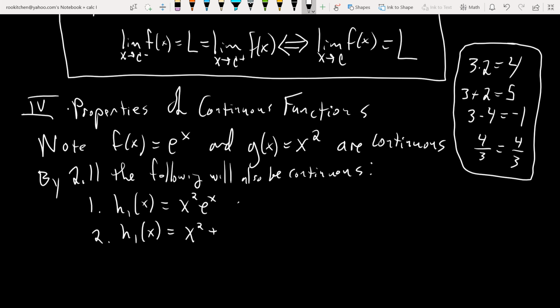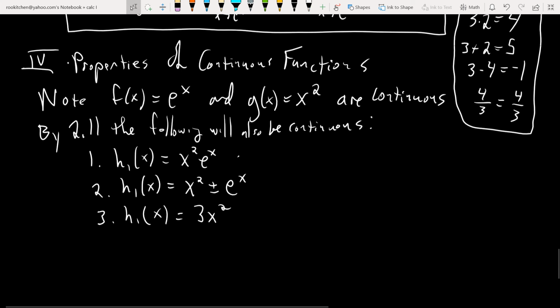Is that going to be continuous? Yes, it is. How about if I maybe multiplied one by a constant? Okay, so h1 of x equals 3x squared. Is that continuous? Well, yeah, it is.